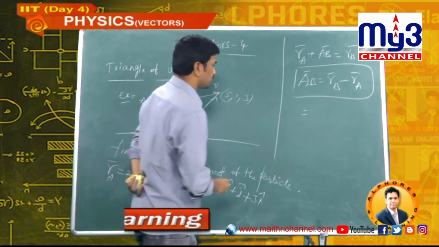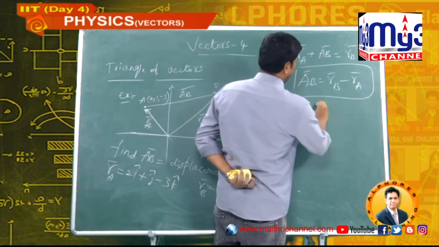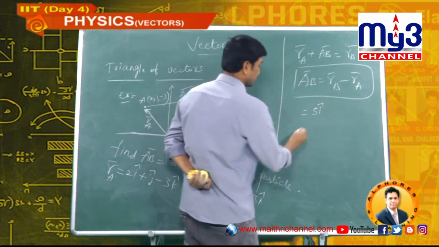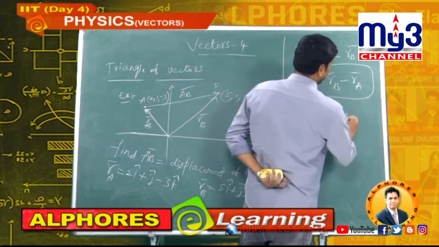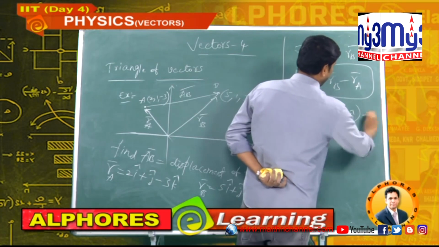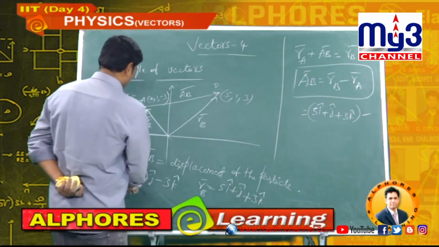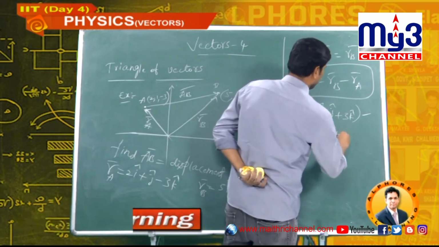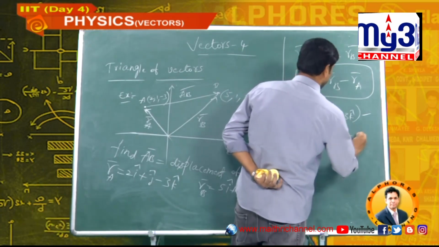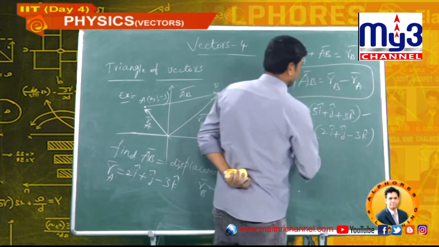RB bar minus RA bar is 5 i cap plus j cap plus 3 k cap, minus 2 i cap plus j cap minus 3 k cap.